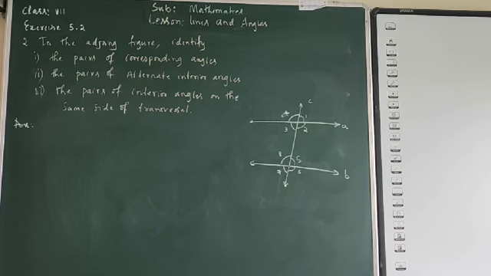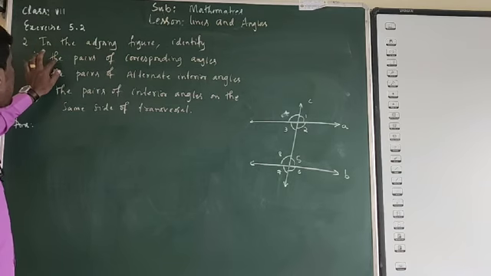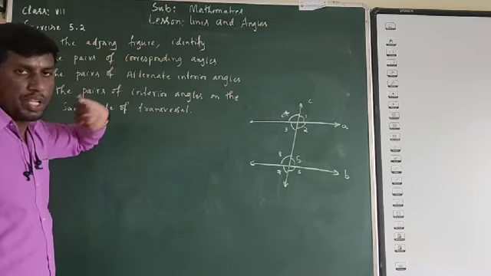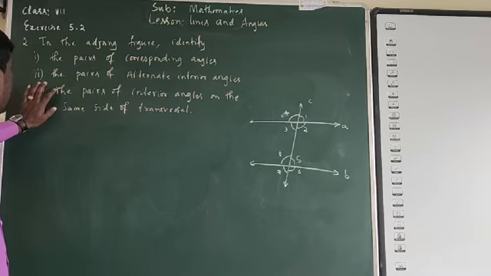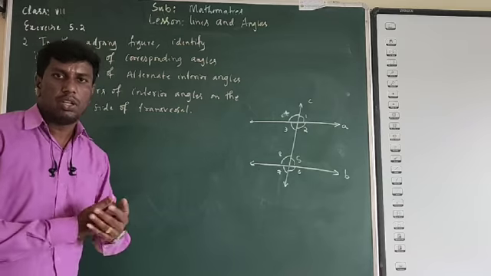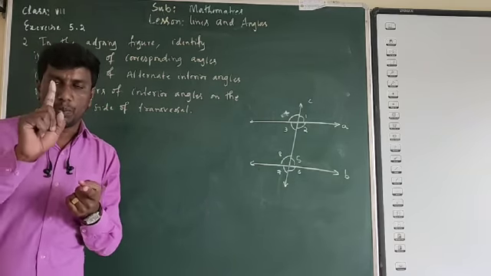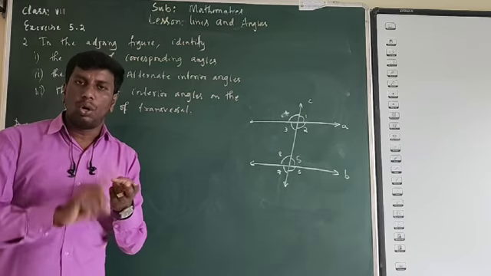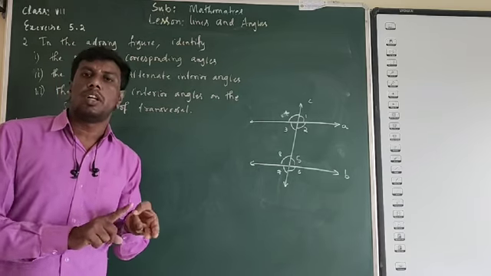The next question is, in the adjoining figure, identify the pairs of corresponding angles, the pairs of alternate interior angles, the pairs of interior angles on the same side of the transversal.